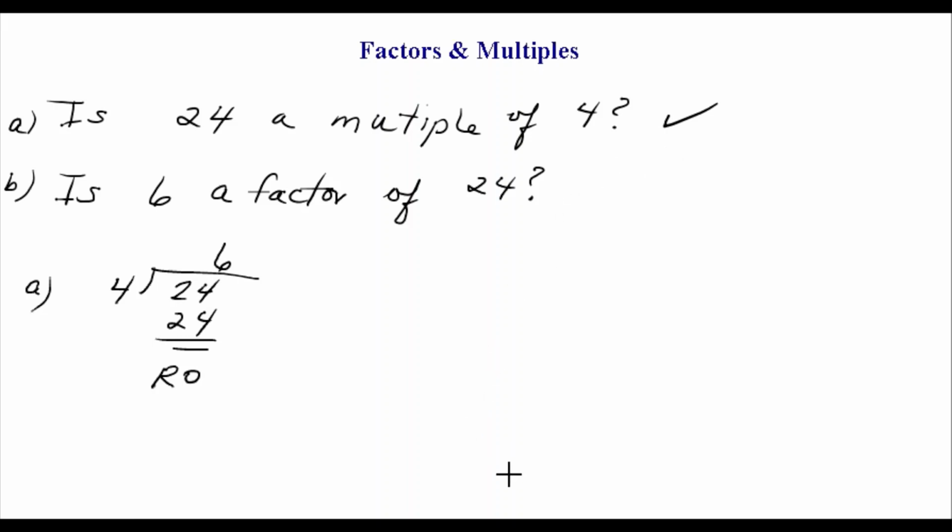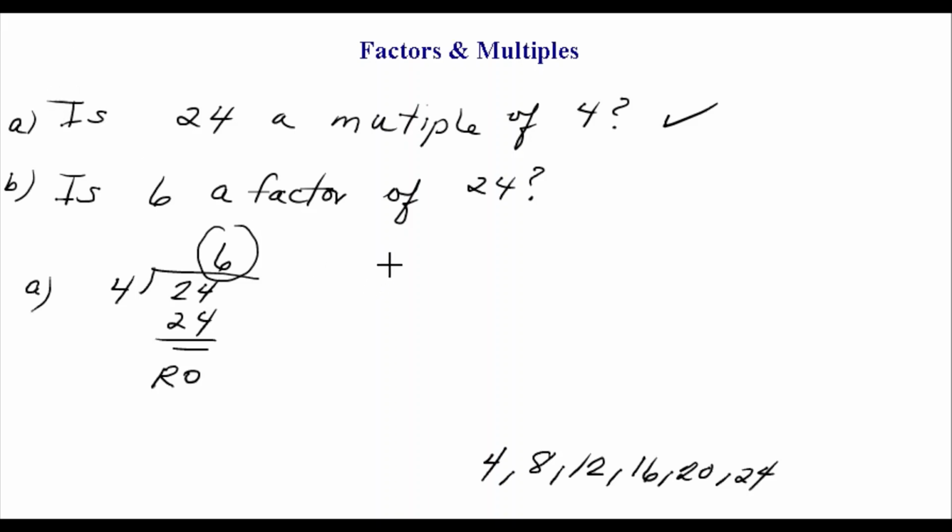In other words, we could have done 4, 8, 12, 16, 20, 24, and 24 would be the 6th in the series. This is the initial way we learned this. But now we're able to handle division, right? So the answer is yes.